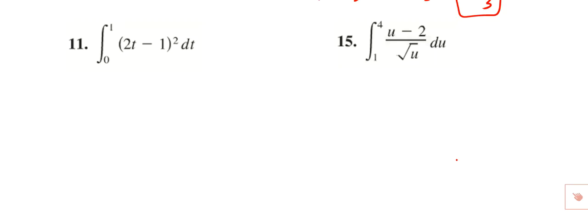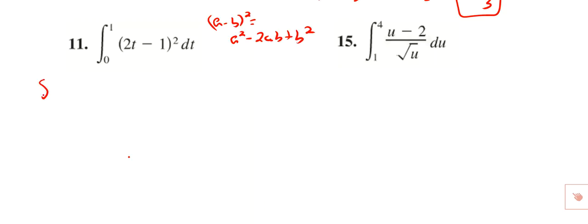The first term squared, minus 2 times a times b, plus the last term squared. So a minus b squared is equal to a squared minus 2ab plus b squared.